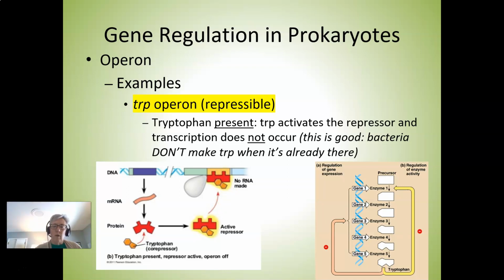So it's really so elegant and frankly beautiful that tryptophan is turning off the synthesis of tryptophan, right? So if we have a lot of tryptophan present, it's going to activate the repressor and turn off transcription of the TRIP operon. So that's what we mean by a repressible operon. It's normally on, but it can be turned off. So this is a negative feedback.